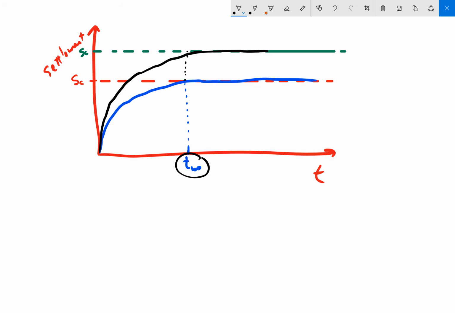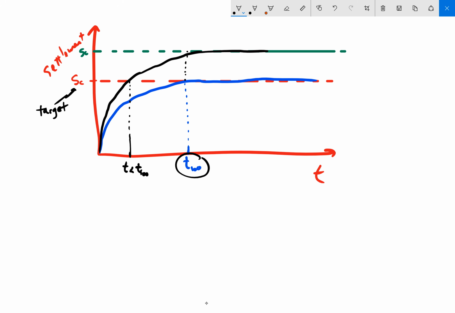But notice here, remember, this was our target, and all of a sudden we surpassed it at a time much lower than the time to hit 100% consolidation before. And so what we do with surcharge is typically we go ahead and allow it to surpass our designed total amount of consolidation.